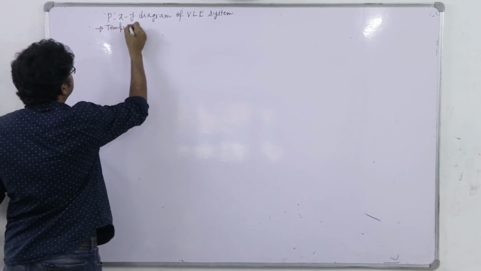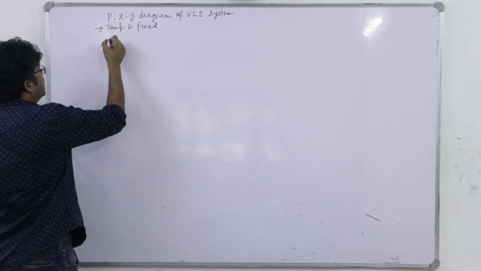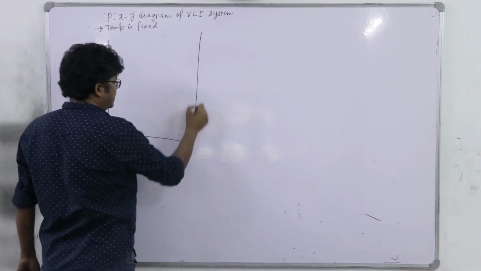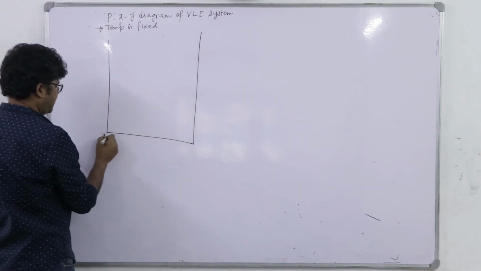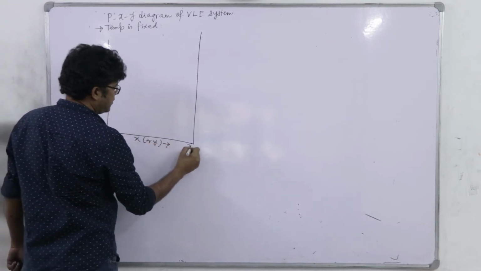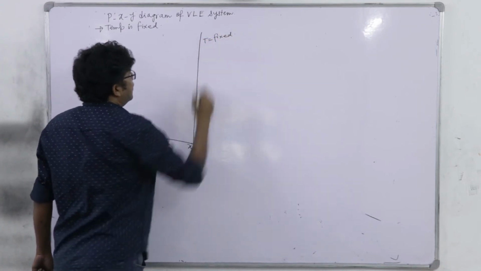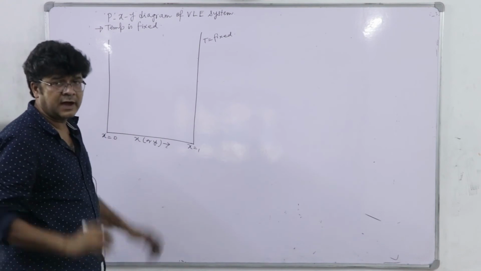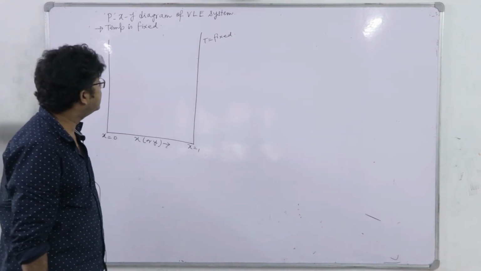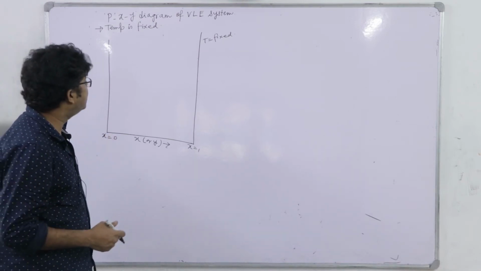Temperature is fixed. The same technique is applied and we generate the Pxy plot. Now, if we just try to think theoretically, what will be the nature of the curve? In real life, this is a two component mixture.